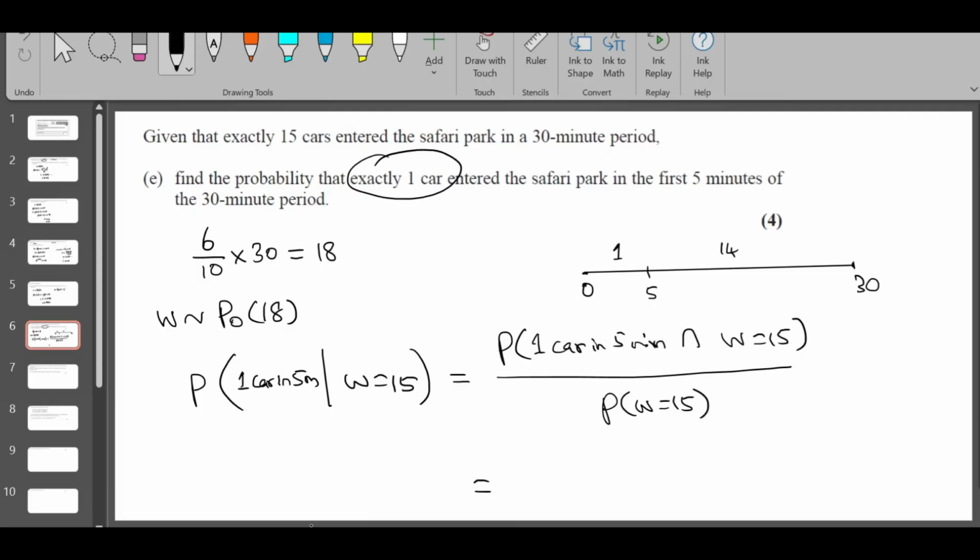We need to find W equal to 15, and then the intersection of these two: one car in 5 minutes and a total of 15 cars. That means one car in 5 minutes, and 14 cars in the remaining 25 minutes. This is 5 minutes, this is 25 minutes. So we need to find the probabilities and multiply them.